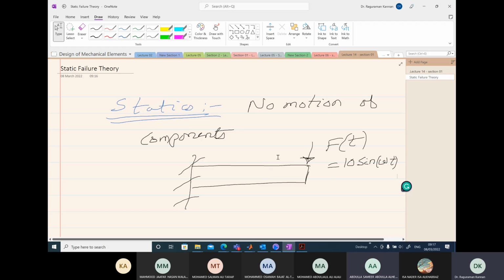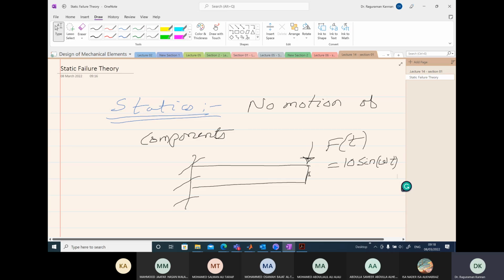No. Why is it not a static problem? Because there is a motion with respect to time. Because the force varies with respect to time, there is a deformation of the object with respect to time.